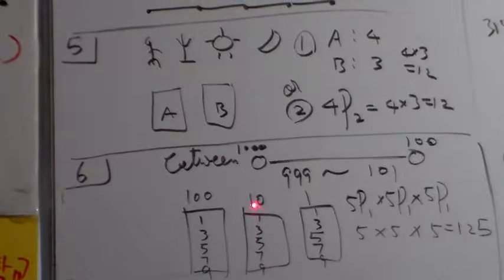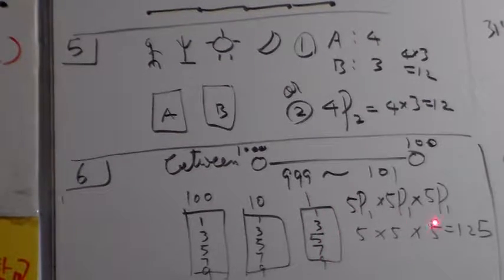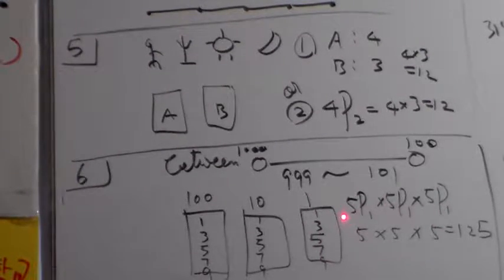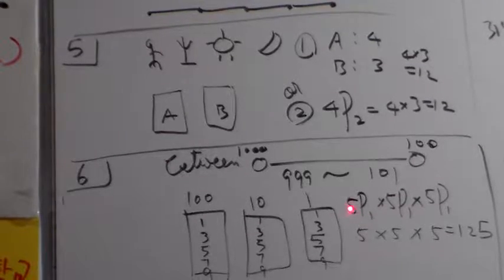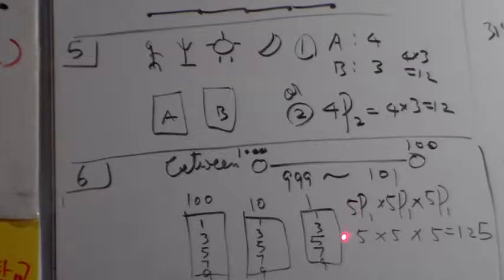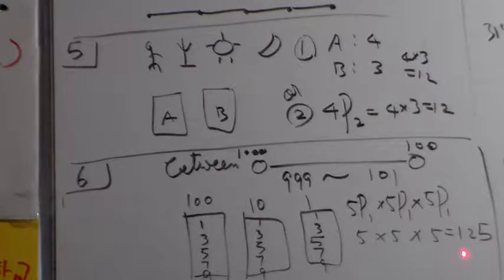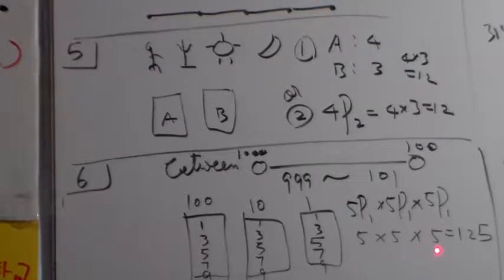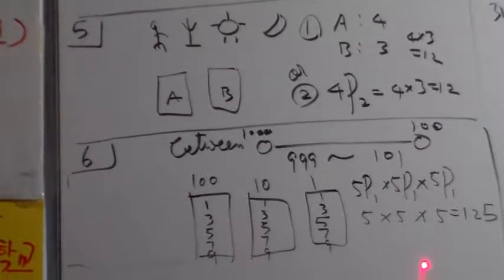For this one, you have 5 choices, then you pick 1 over there, so 5 pick 1. This calculation is from 5, only picking one number. So this one is 5, this one is 5, this one is 5, so 125. You can get 125 odd numbers. Okay?